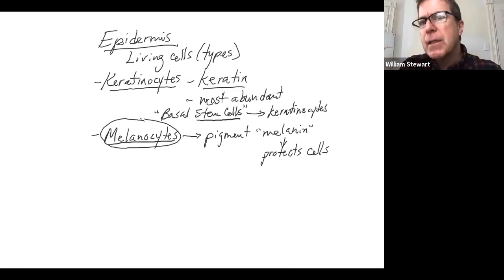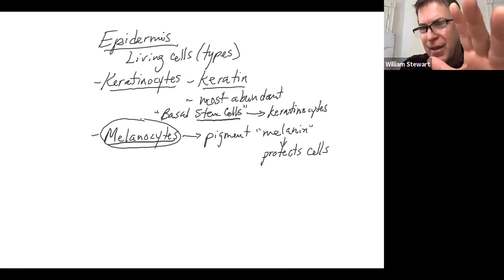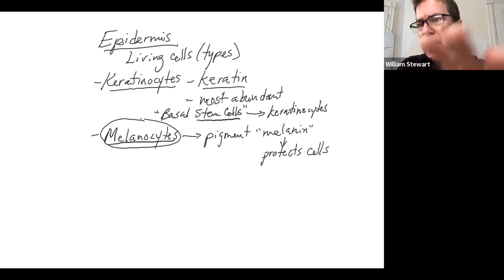So what happens is these melanocytes are activated by UV light from the sun. When UV light hits them, they produce this pigment melanin, and melanin accumulates in these granular structures called melanosomes.